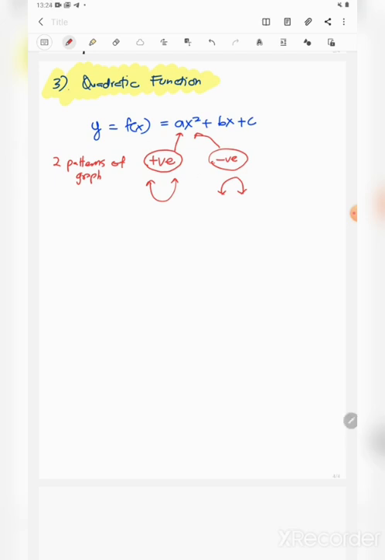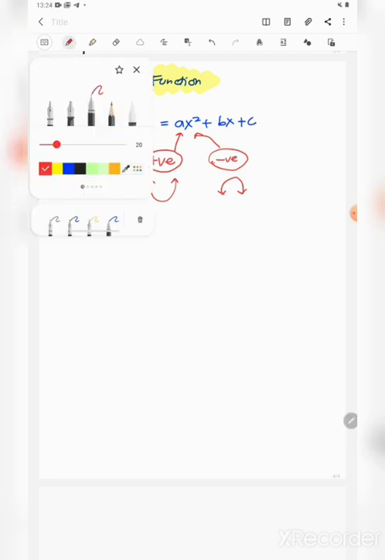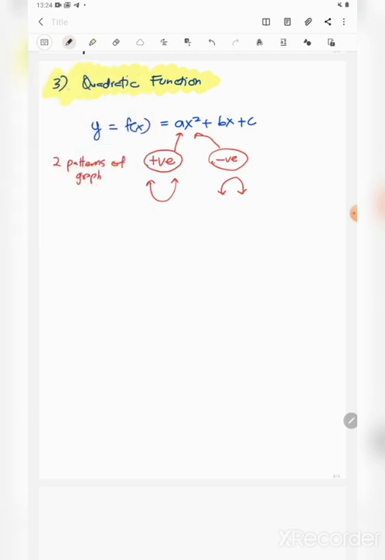So now for the quadratic function, there are some steps for you to remember to find the domain and range. Step number 1, you have to find the vertex.